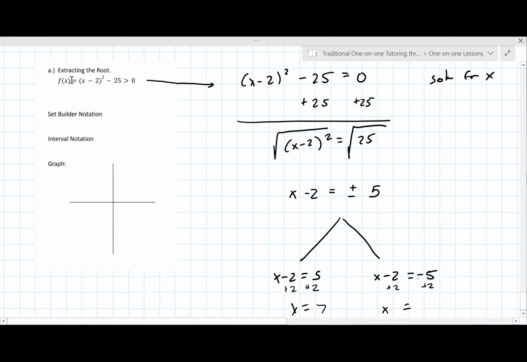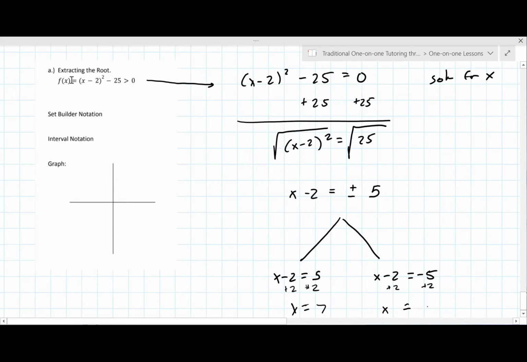Okay. How about over here? Negative 5 plus 2. Negative 7? No. Try again. Three?